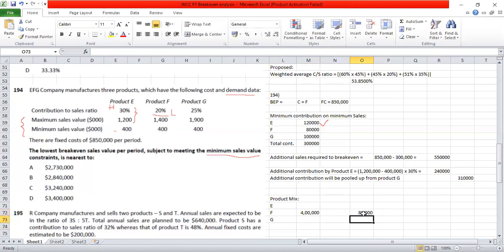Next part of it is we are looking at product E to the maximum 1,200,000. We're looking at that as 1,200,000 because the total contribution contributed by that would be 1,200,000 into 30%, which is 360.